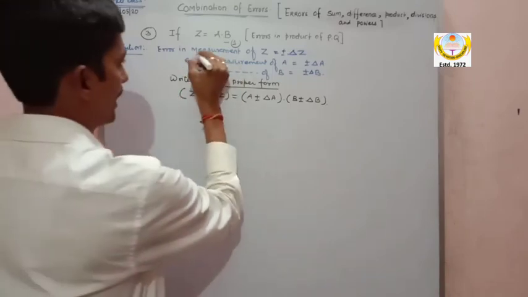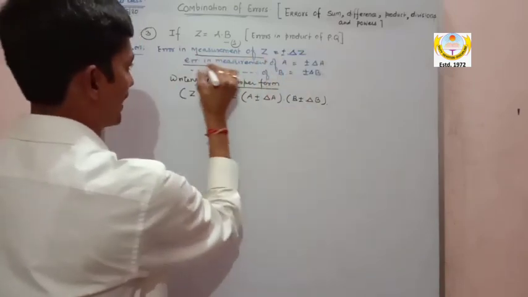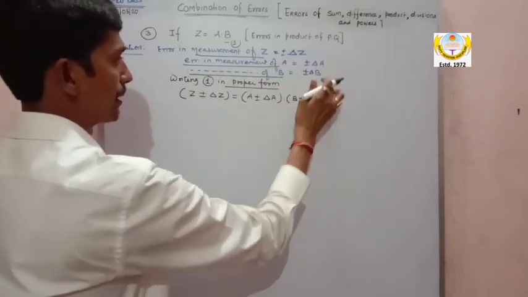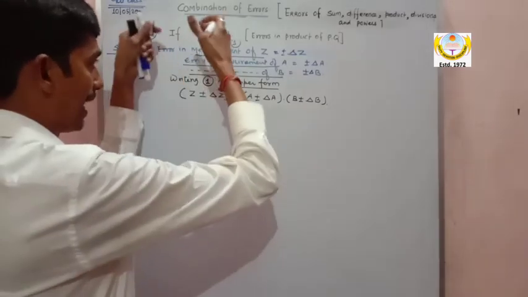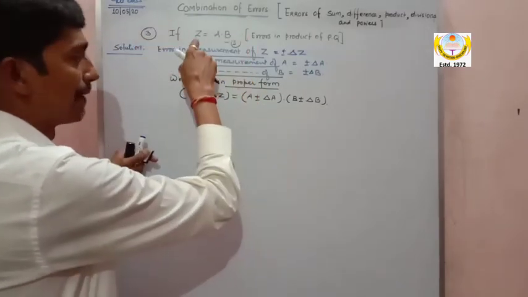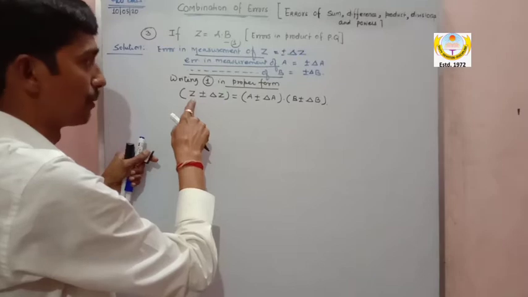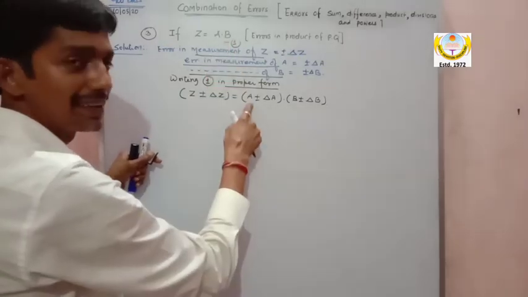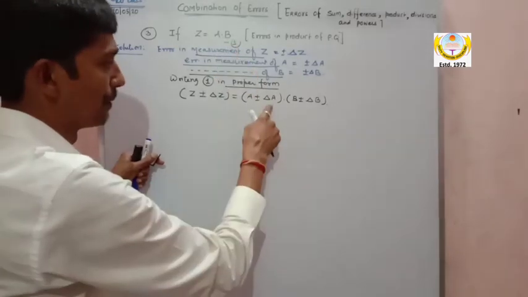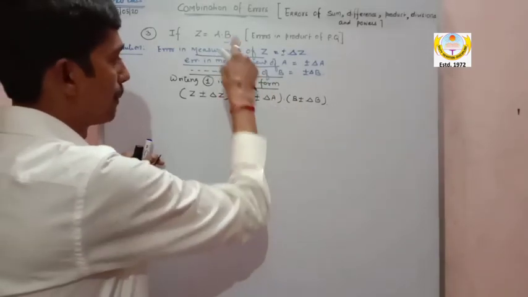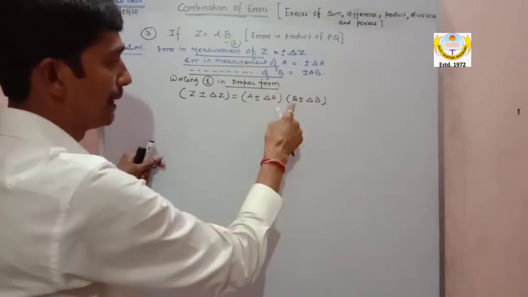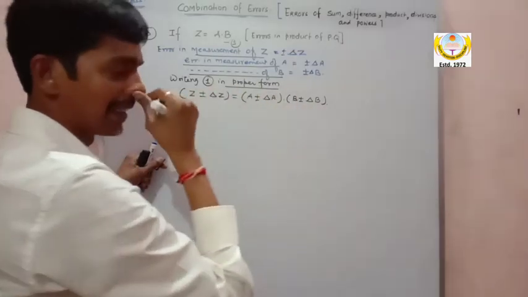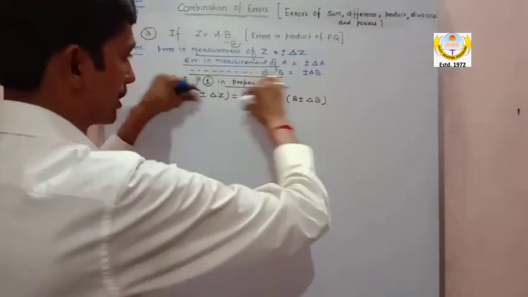So I have introduced error in measurement of Z as plus minus delta Z, of A as plus minus delta A, and of B as plus minus delta B. When I write equation 1 in proper form, I write the true value and the error value. True value of Z is Z, error value is delta Z. True value of A is A, error value is plus minus delta A. True value of B is B, and error in B is plus minus delta B. This is the proper form, my dear.